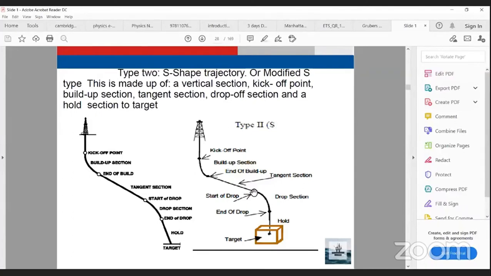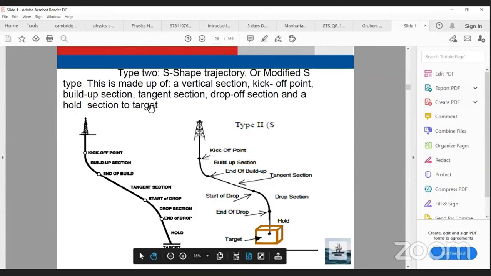So I should return from the maximum inclination I reach to 0. So in this section I return from the maximum angle at the start of the drop, say any angle 50, 60, to 0 at the end of the drop off section. Then I will keep the angle at 0 until I reach the target.